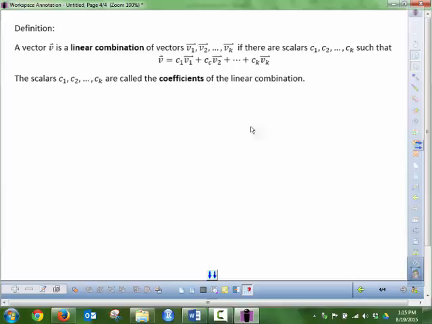If you have a set of vectors, v1 through vk, a linear combination just means you scale v1 and add it to a scale of v2 and add it to a scale of v3, etc. So it's basically scalar multiplication and addition combined, adding up all those vectors.